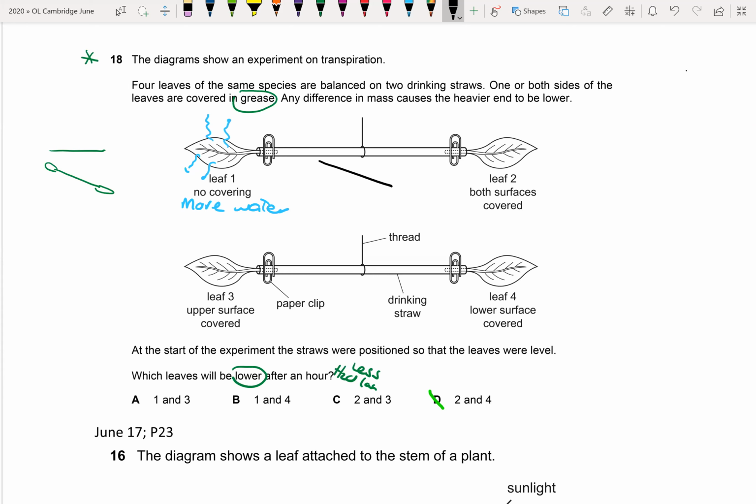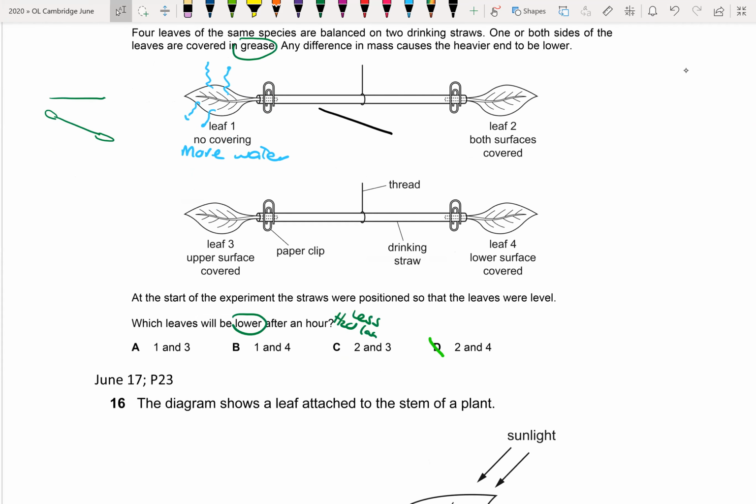طيب, جينا بقى في ال two leaves اللي تحتهم. ال two leaves اللي تحت. You have covered the upper surface وهنا you've covered the lower surface. Which one would lose more water? فتقول لي والله if you've covered the upper surface انت هنا عملت لي ايه؟ upper surface only. يبقى انت سايب a lot of stomata مفتوحة. يبقى انا هنا عندي more water loss. ليه؟ لأنك انت هنا you've covered the lower surface.